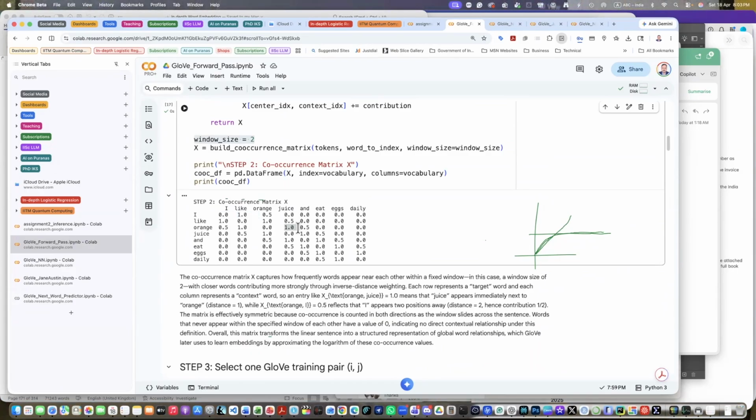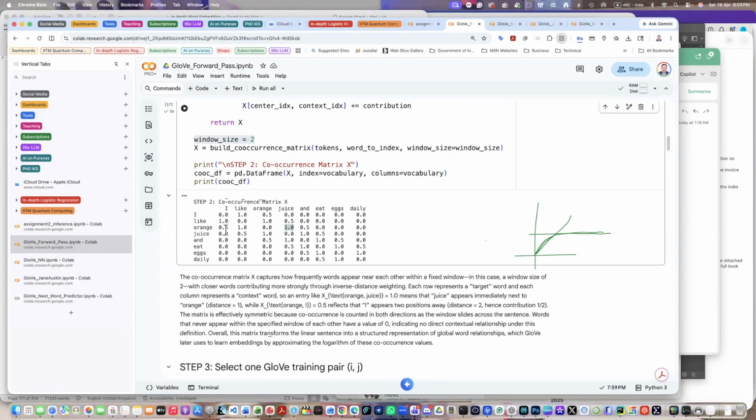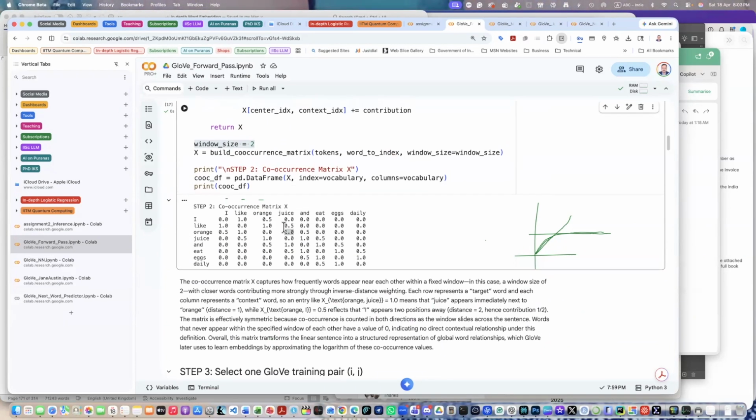What I'm saying is that I can find the log of this particular value. That is something I found through engineering: if I find the log of this value, it will represent how close or how far the words are to each other.